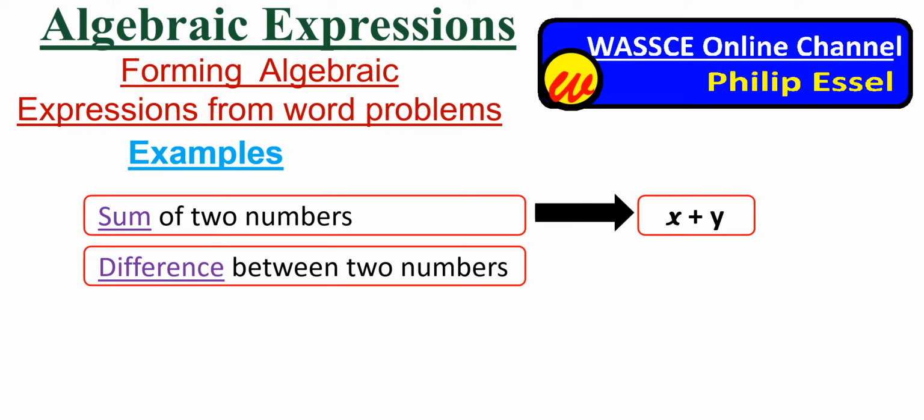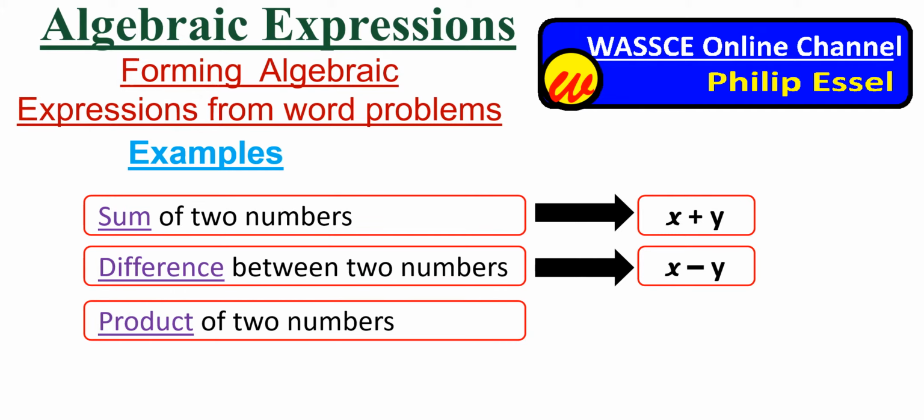Since we do not know what these numbers are, we're going to represent them by variables. So we'll represent the first number by the variable x and the second by the variable y. So the difference between these two numbers x and y, which we do not know, will be x minus y.